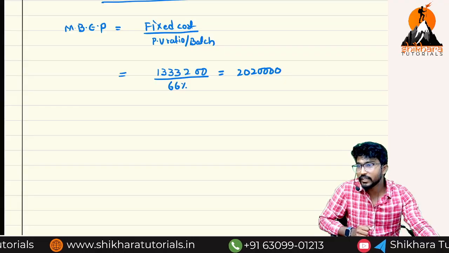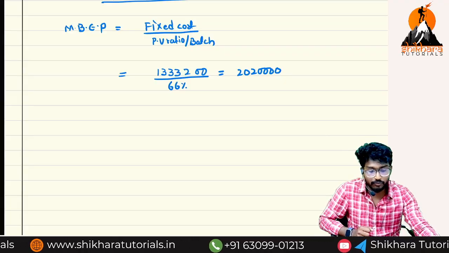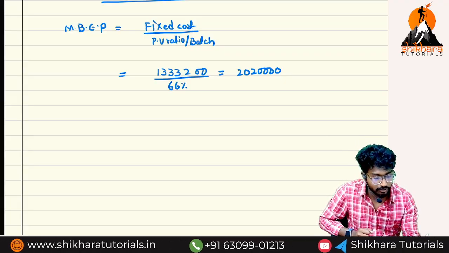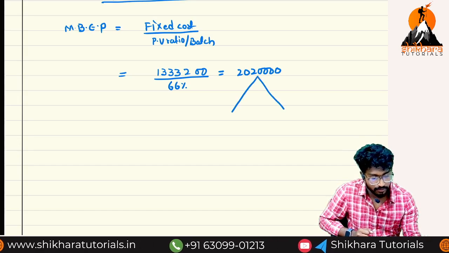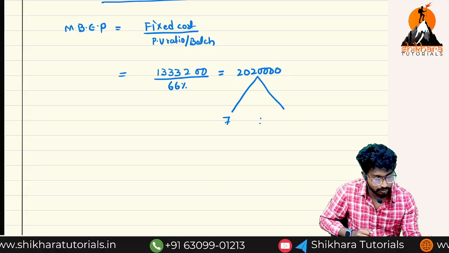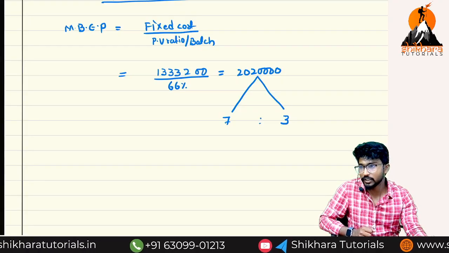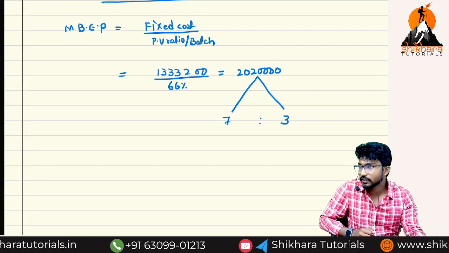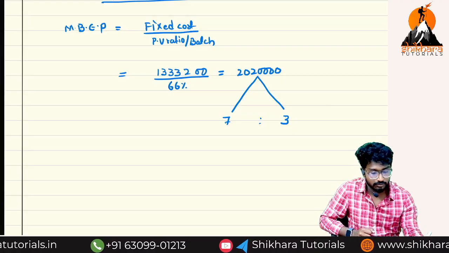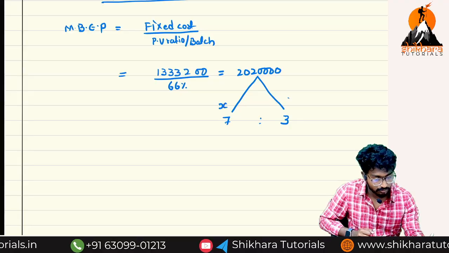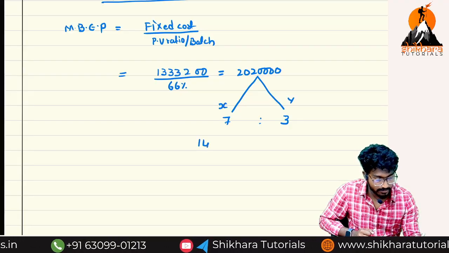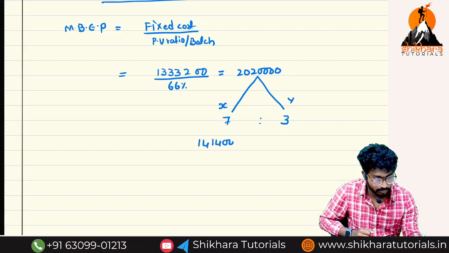20 lakhs 20,000. Now out of 20 lakhs 20,000, we need to give the share 7:3. 20 lakhs 20,000 divided by 10 into 7. 14 lakhs 14,000.